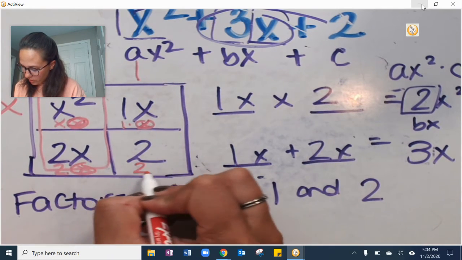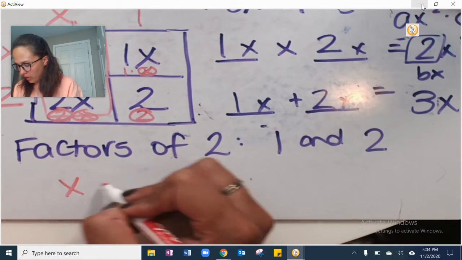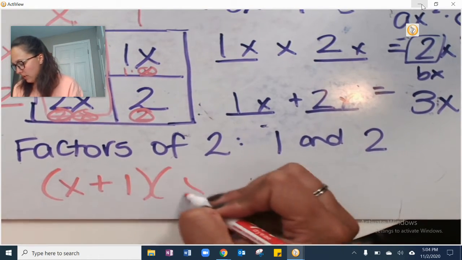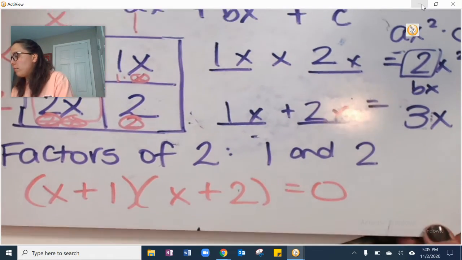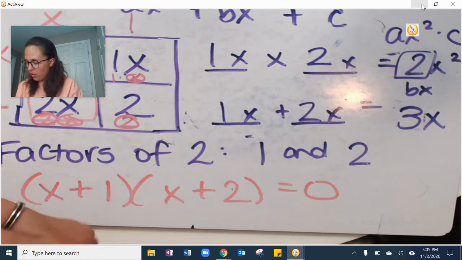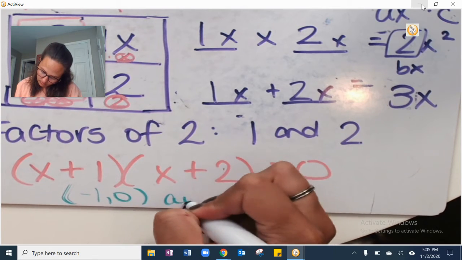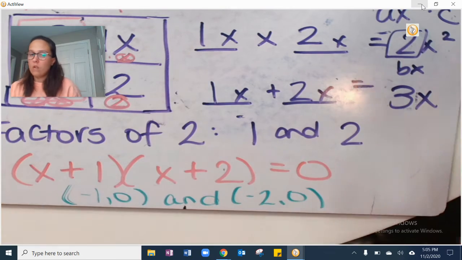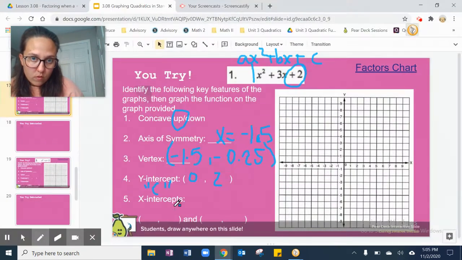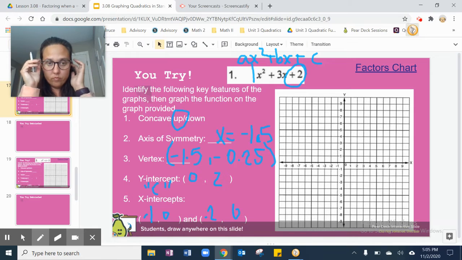Here, we have 2x and 2, so we can take out a 2. Therefore, our factored form of the equation is x plus 1 and x plus 2. But to find the zeros, we have to set them equal to 0 and solve, which ultimately gives us -1, 0 and -2, 0.